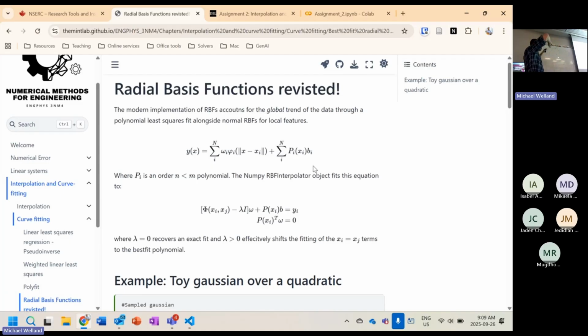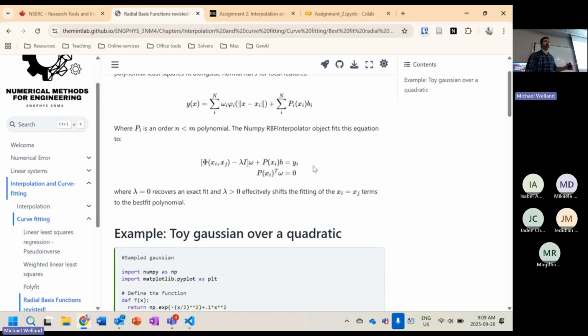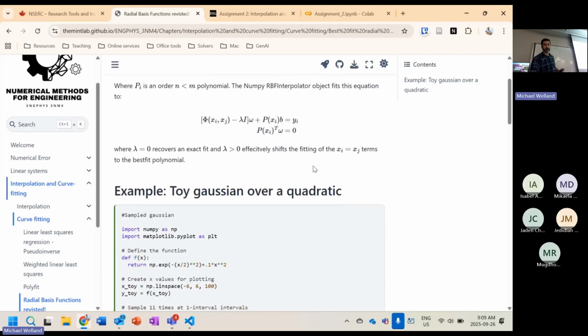And then everything is built on top of that. And all of a sudden the RBFs work a lot better because they're going to 0 when you get off the other side there. Of course, all this stuff is done simultaneously, right? So you don't do one and then the other. You solve the entire thing all at once. And you can do that because you have the power of the pseudo-inverse behind you.